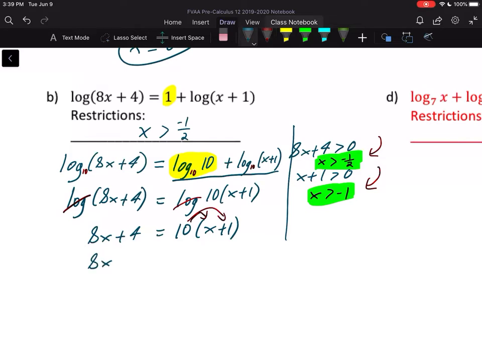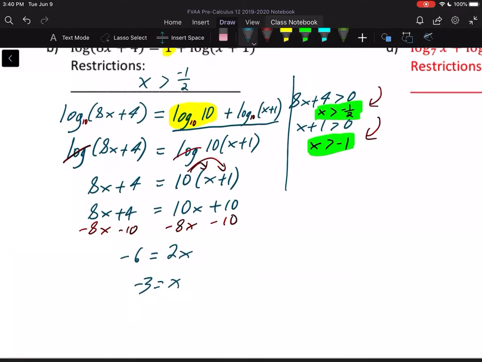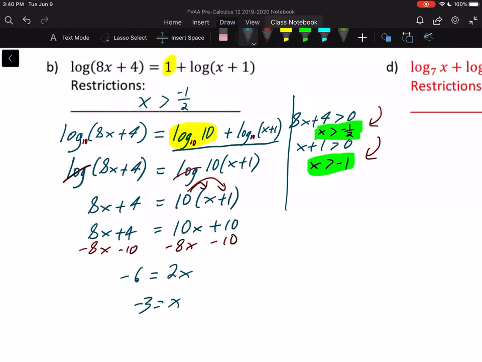So 8x plus 4 is equal to 10x plus 10. Minus 8x, minus 10 gives me negative 6 is equal to 2x. X is equal to negative 3. Okay, that's my solution. Now, is that a proper solution?